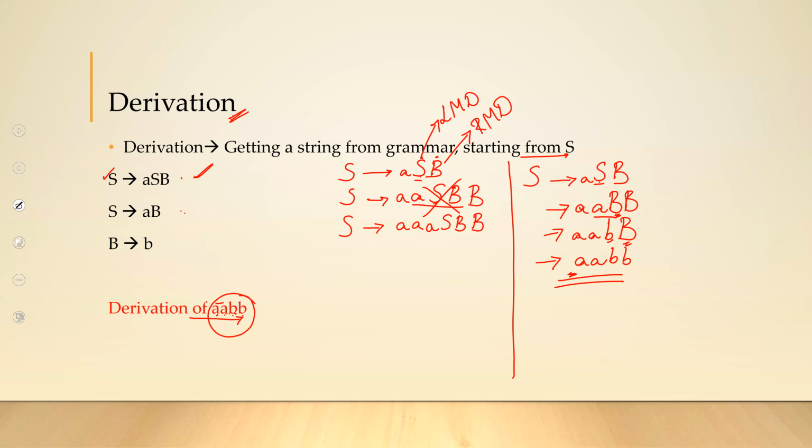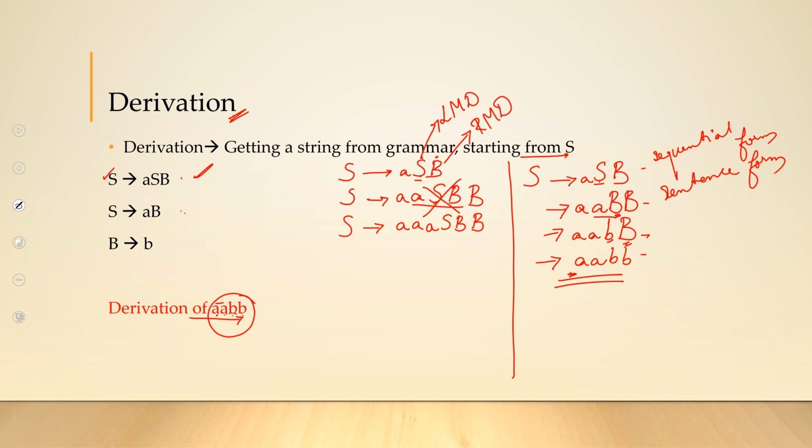You cannot do everything together. At a time, only one variable can be replaced. Now, each of these steps, you call them the sequential form of a grammar. It is even known as sentential form.